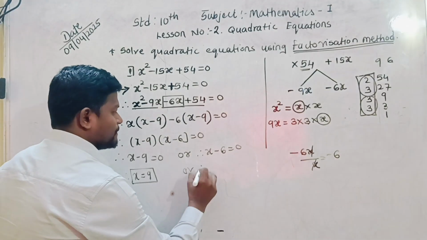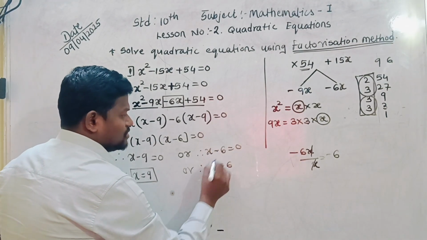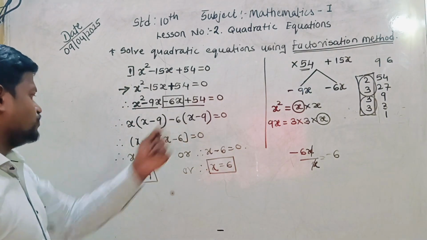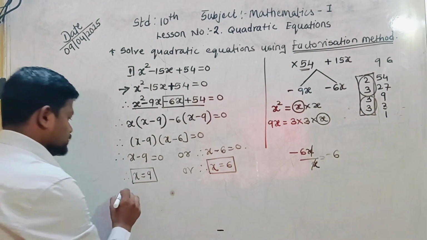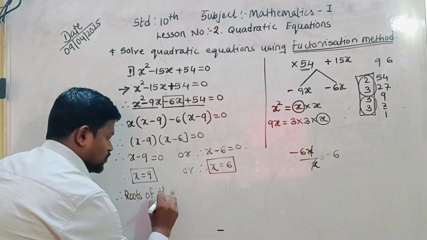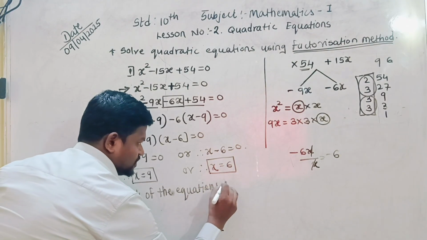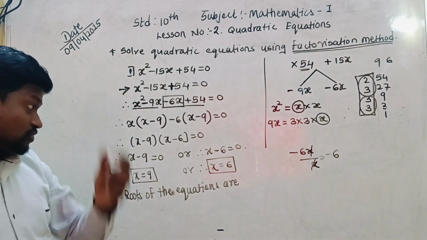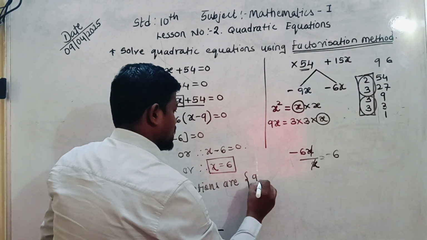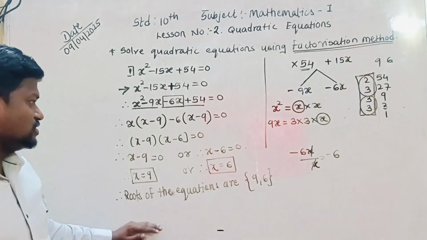Here x minus 6 goes there, sign change, minus to plus, so x is equal to 6. So we got the final answers. Therefore the roots of the equation are 9 and 6. So this is our answer.